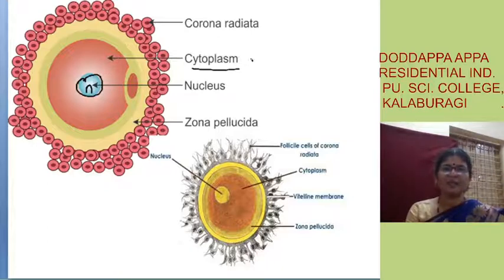This cytoplasm is also called ooplasm. Fine. And after the ooplasm you will see the cell membrane. The cell membrane is also called oolemma.